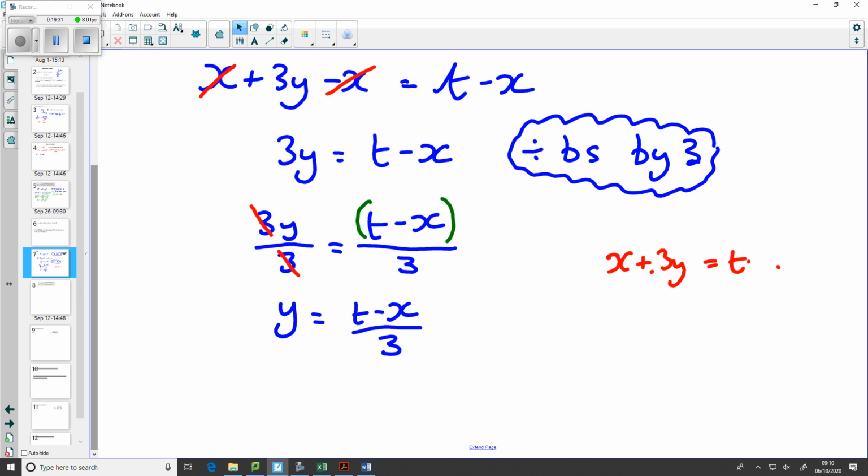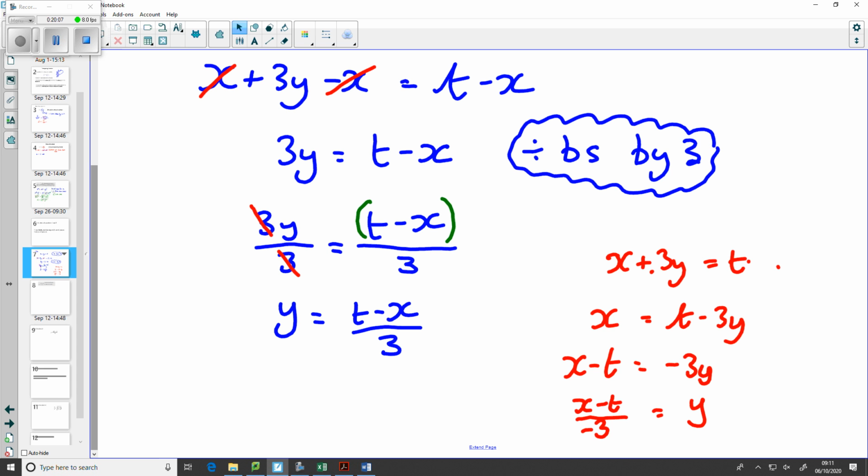So what you've got is x is equal to t minus 3y, yeah, but you're then going to still have to take away t from, so you're going to end up with x minus t is equal to minus 3y, yeah, and then you're going to divide by 3y, so you're going to end up with x minus t, over minus 3, yeah, is equal to y.